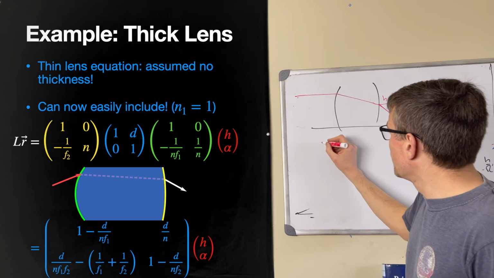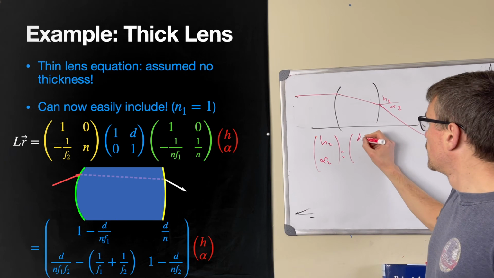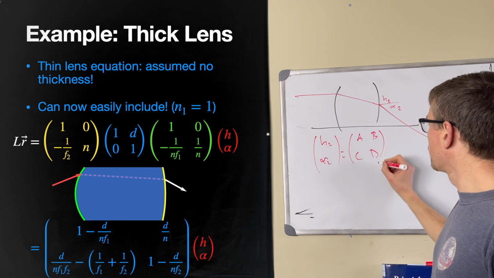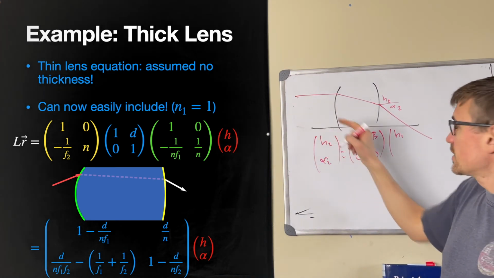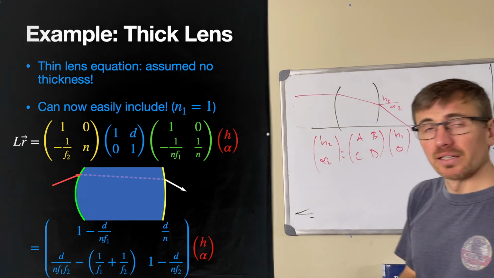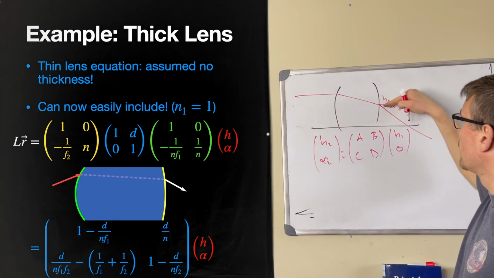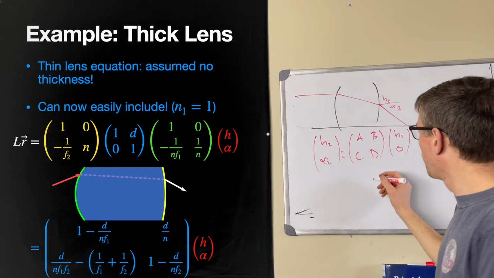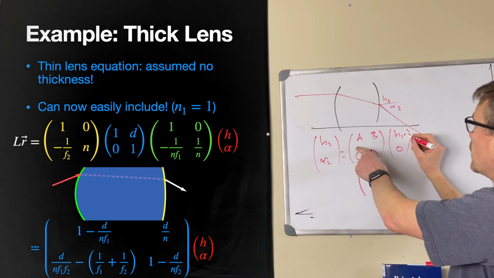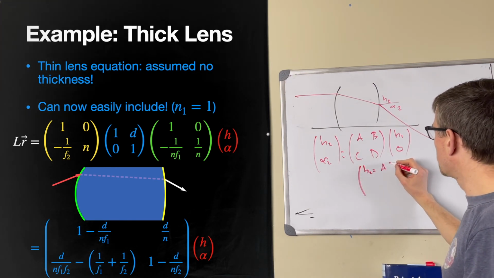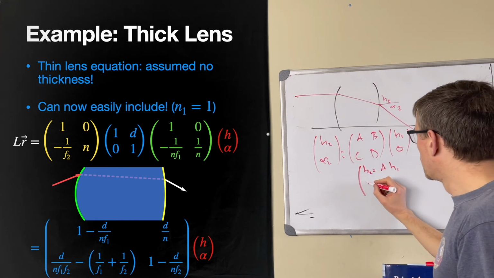Let's just call them A, B, C, D. So (h2, alpha 2) is equal to the matrix A, B, C, D times whatever came in, h1, and let's set alpha 1 to be 0 here. So what are our new values here? I'm sending in collimated light, and it's going to come to a focus at some point after. Let's just do this matrix multiplication. That gives me h2 is equal to A times h1, and alpha 2 is equal to C times h1.